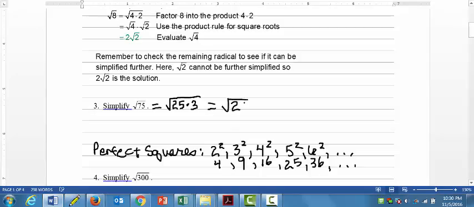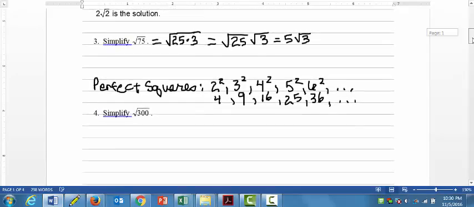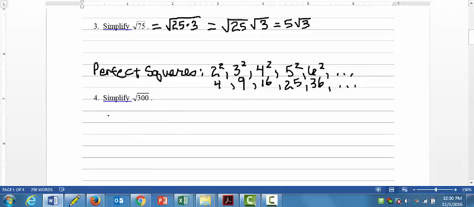And that equals, according to the product rule, the square root of 25 times the square root of 3. When I evaluate the square root of 25, I get 5 times the square root of 3 as my final answer. So I want to simplify the square root of 300.